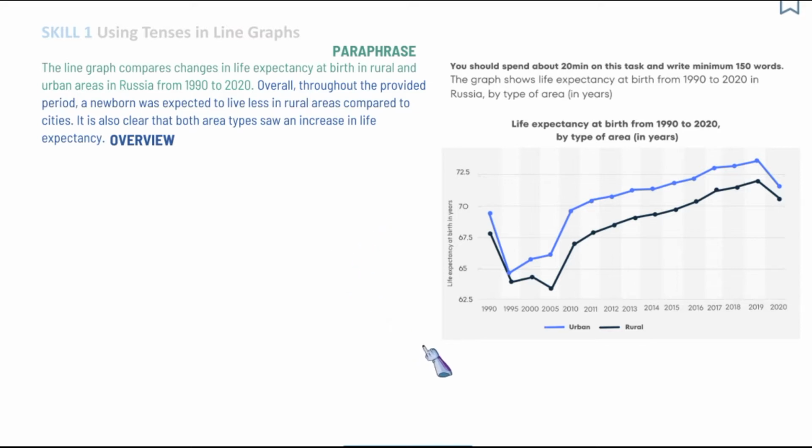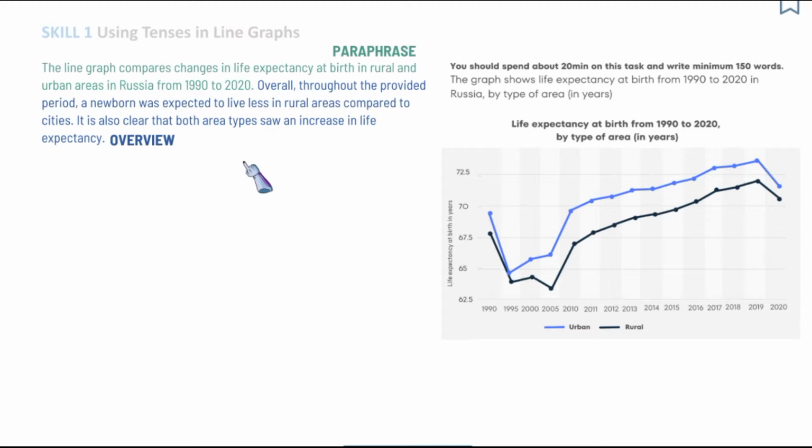Well, when you're given a line graph or any other type of visual, there's always some kind of description of this graph, and you need to paraphrase this description in order to start your report. So the paraphrasing of the topic is always the first sentence of your report.